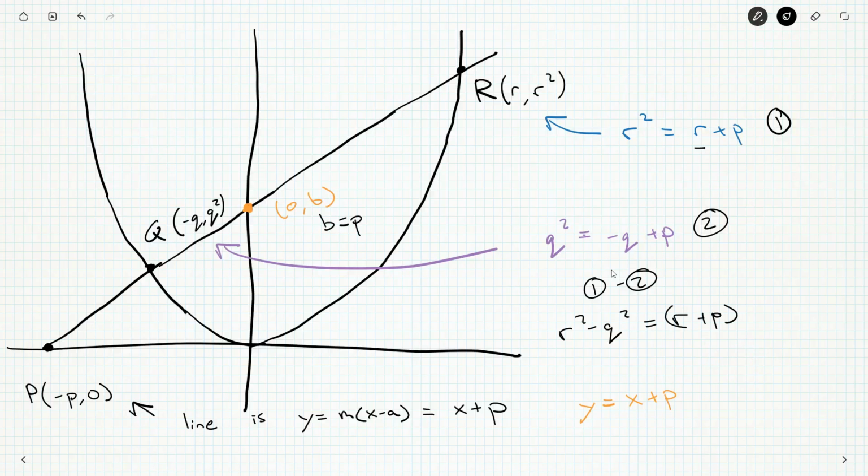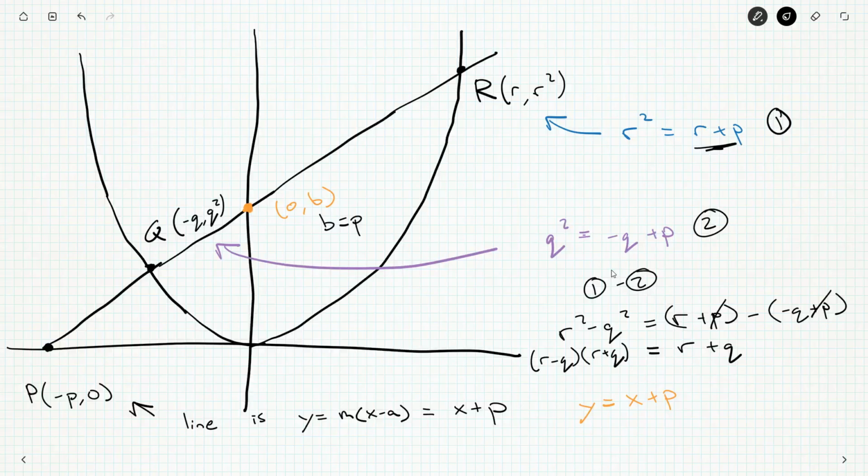But the p's are going to cancel each other out, and negative negative q is r plus q. Over on this side, this is a difference of squares. So r minus q times r plus q is equal to r plus q.